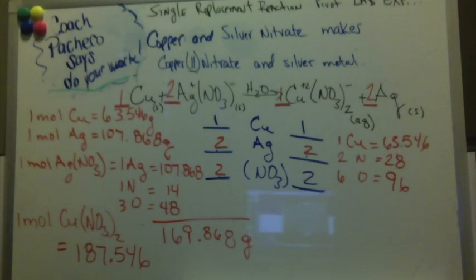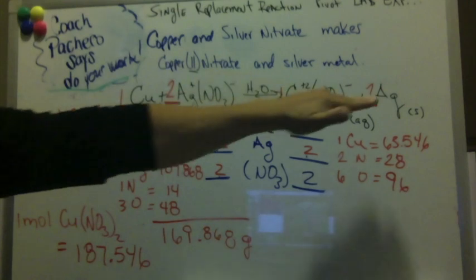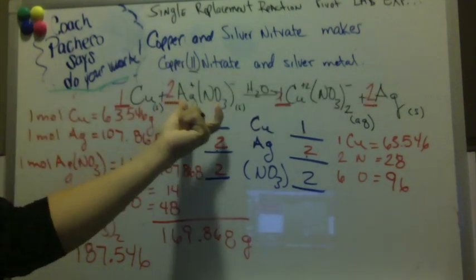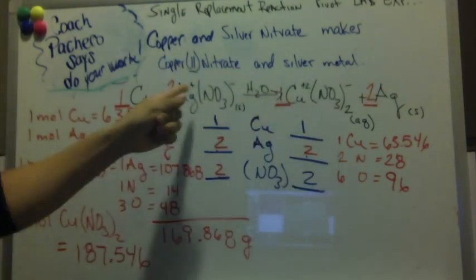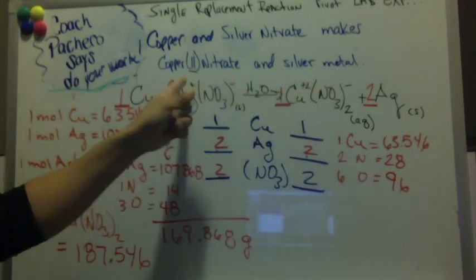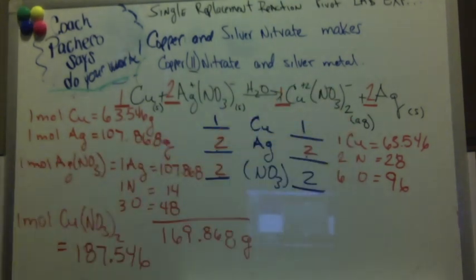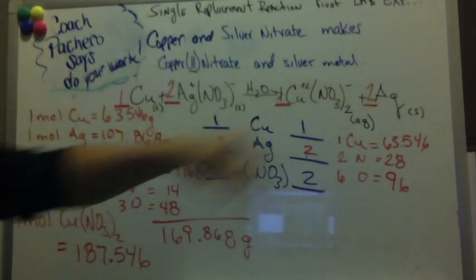So again, now we have taken the reaction of what's happening, we put it into an equation. We balanced out each bond by using ionization charges and crisscrossing when necessary. 1 and 1, 2 and 1. We then balanced out the entire equation using our mole ratios.